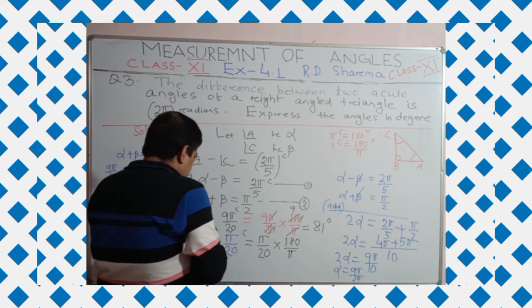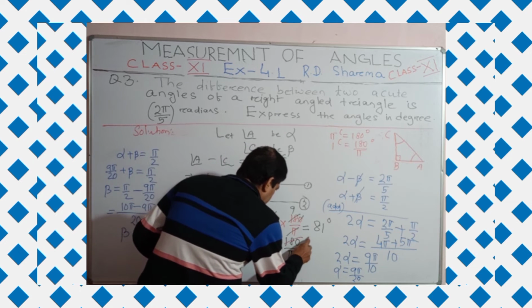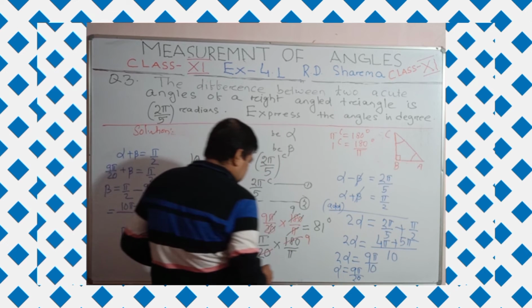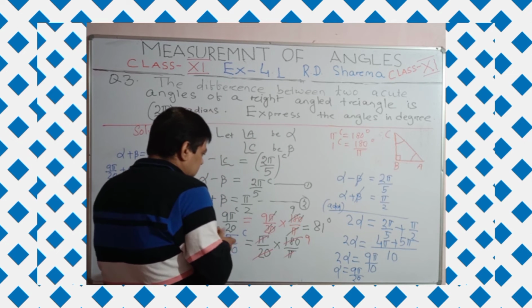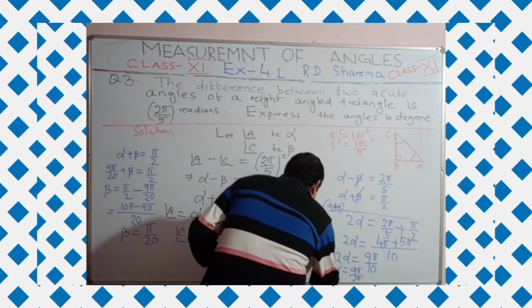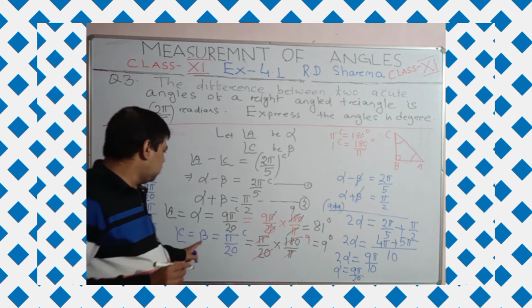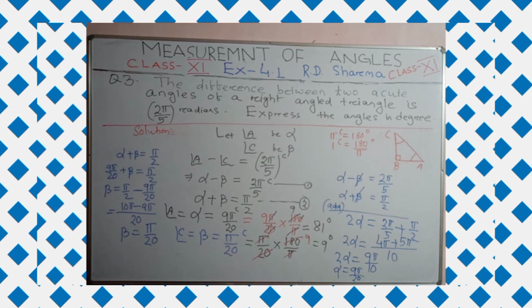Similarly, you can cancel 18 with 20, it will be 9, and here pi cancels. How much degree will it be? It will be 9 degree. Hence the other acute angle we got is 9 degree. Understand? Is it clear?